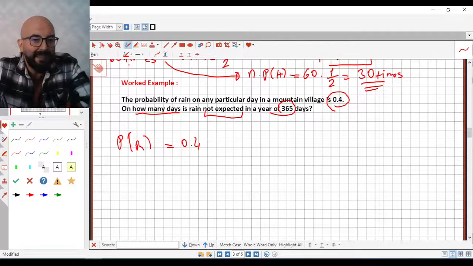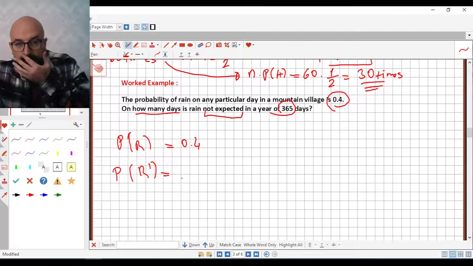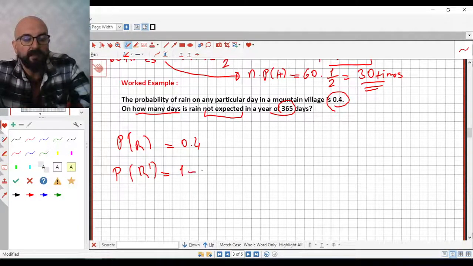So the probability of rain is 0.4. So the probability of the complement of rain, or not rain, is 1 minus 0.4, which is 0.6.